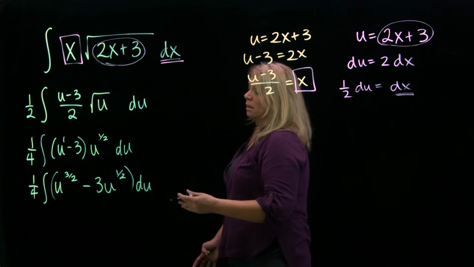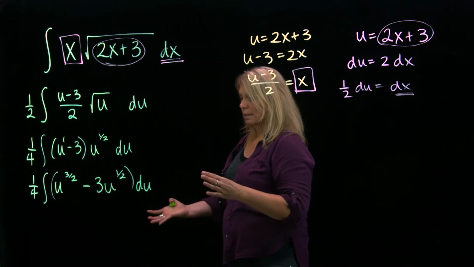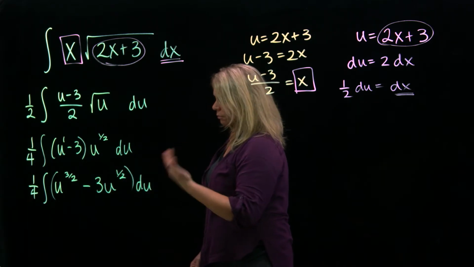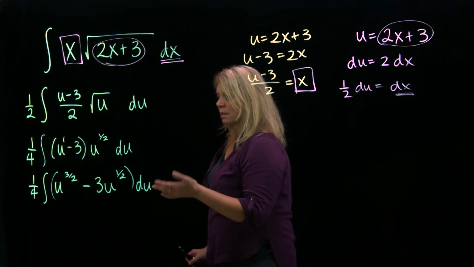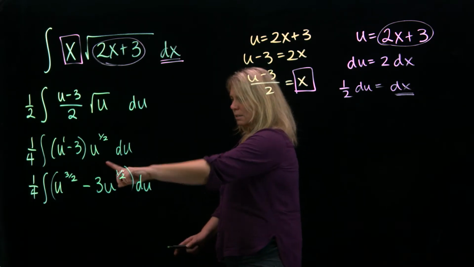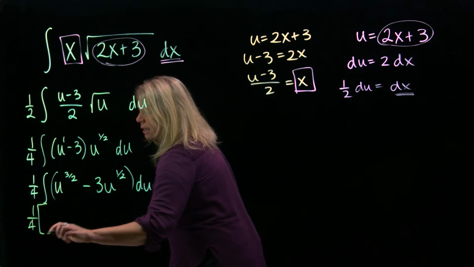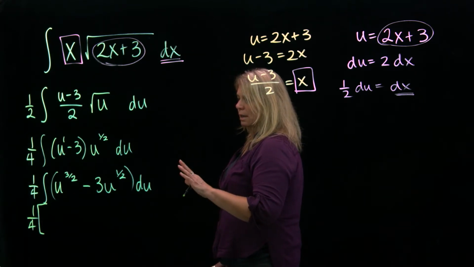All right, now this is a sum of antiderivatives that I do know, and so just like differentiation, when you have a sum, you can differentiate term by term. Same with antiderivatives. We had one of those properties of antiderivatives that told us we could do that. So my 1/4 is going to be out front times everything here. And then the antiderivative of u to the 3/2, I will use my power rule.